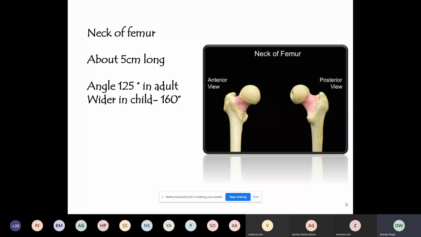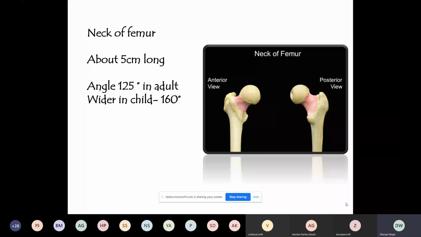Blood supply to this neck: the intracapsular part of the neck is supplied by the retinacular arteries derived chiefly from the trochanteric anastomosis, and these vessels pass through longitudinal grooves and foramina directed towards the head, mainly on the anterior and posterior surfaces. The neck has an intracapsular part and an extracapsular part. Intracapsular, we have seen, is supplied by the retinacular arteries derived chiefly from the trochanteric anastomosis.